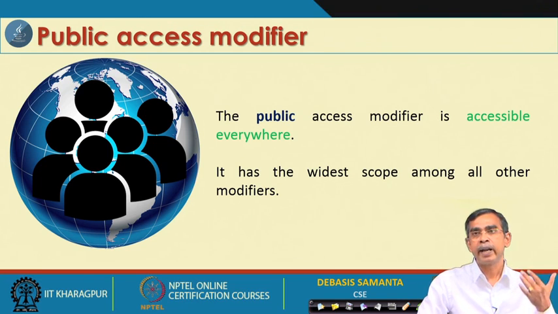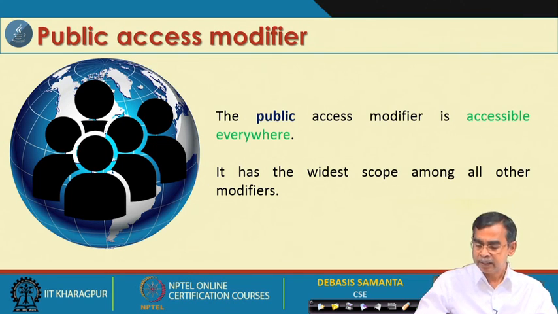Next, after public comes protected, then default, then private. As you know, private is a stricter access specification compared to public. Public is the weakest access specification in this range. You can consider the table that I have already discussed and follow it.